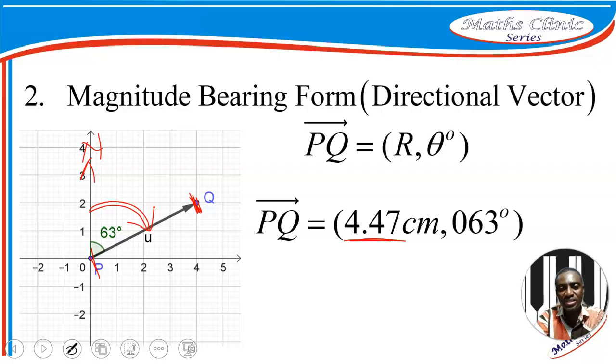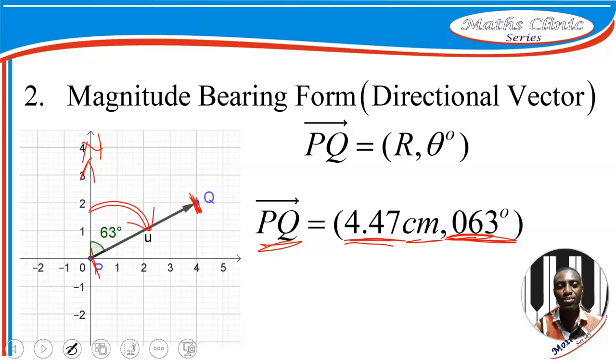So we can call this vector PQ as 4.47 centimeters and 063 degrees. And I'm saying 063 because in bearings, remember we said we represent angles in 3 digits. Good. So you see how it works.